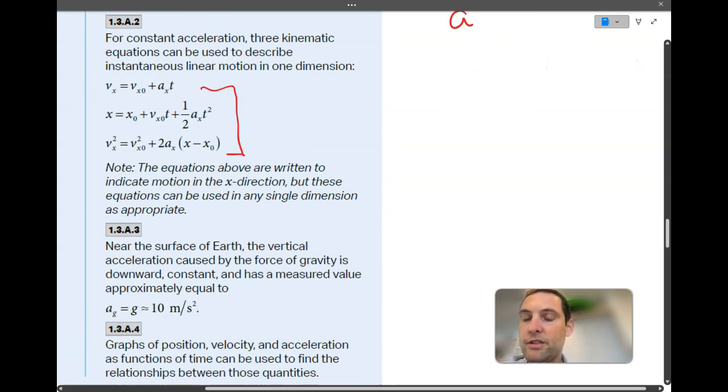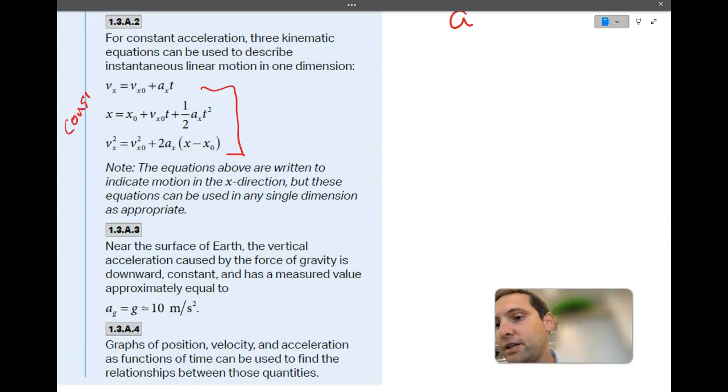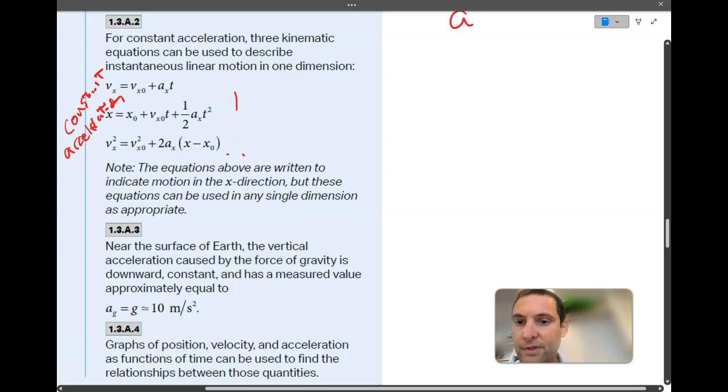These three equations are called the constant acceleration equations. Sorry, I'm going to do this very informally in one take, just because time, right? These can be used to describe instantaneous linear motion in one dimension.